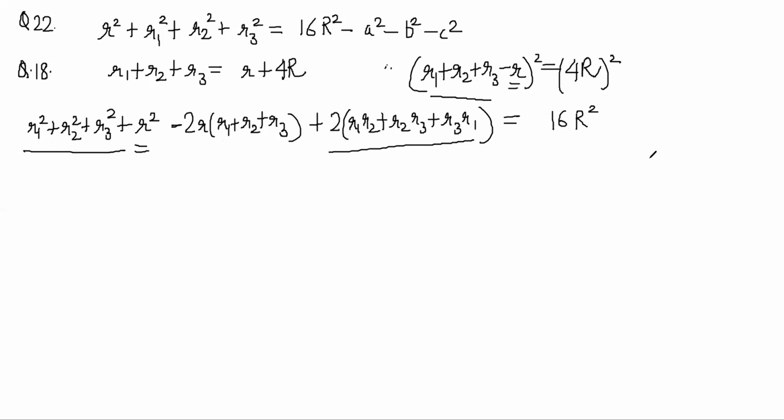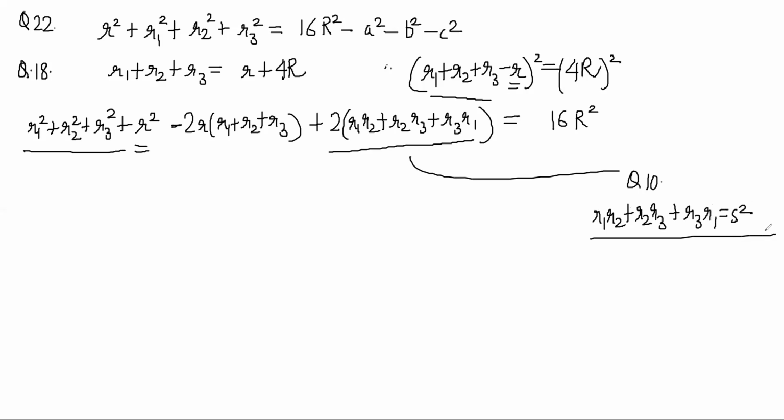So we have to try and understand, first of all, from question number 10, if you have done question number 10, you notice that r1 r2 plus r2 r3 plus r3 r1 will be equal to s square, right?